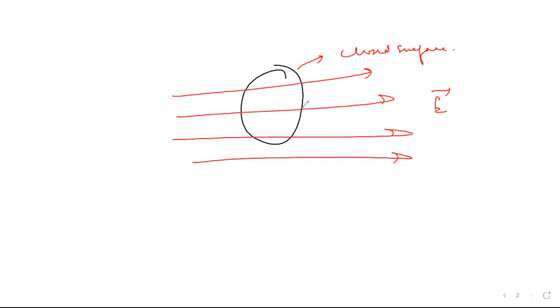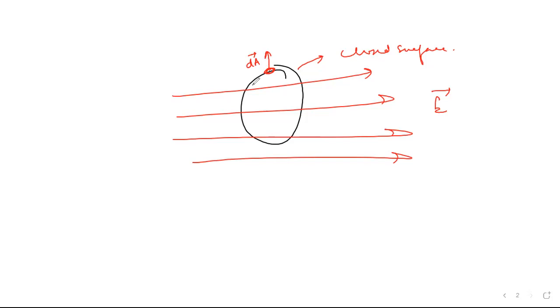We divide the surface into infinitesimal area elements and represent each area element by vector dA. The length of the vector is proportional to the area of this patch, but direction is taken as outward normal.